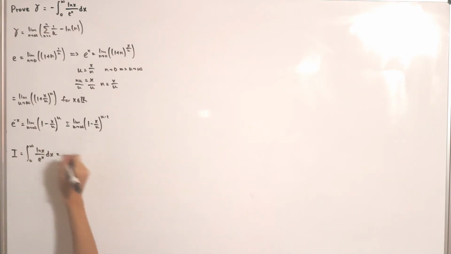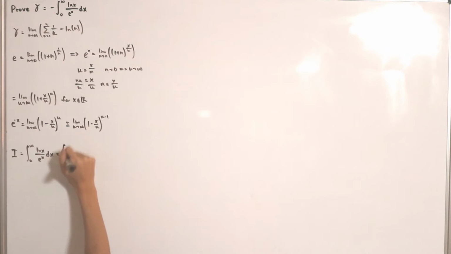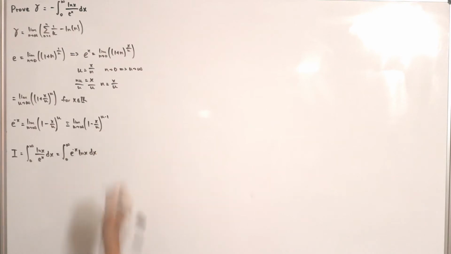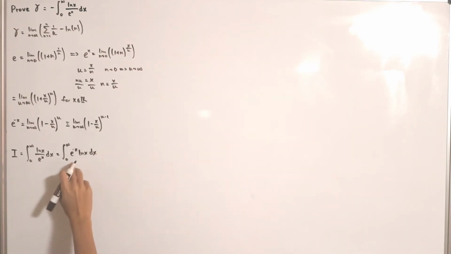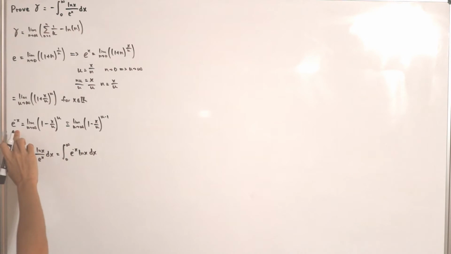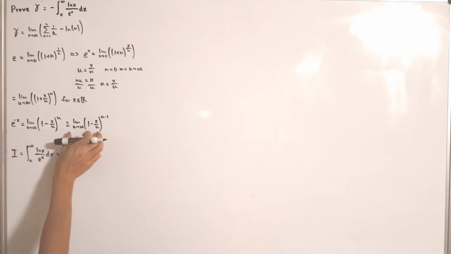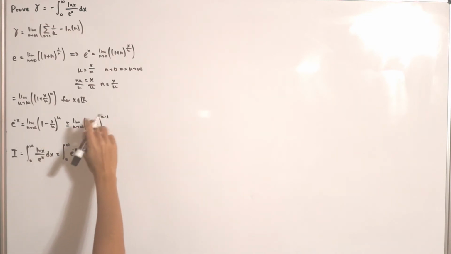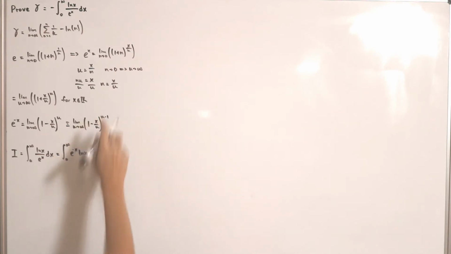So now we're ending up with a negative power, so this is equivalent to e to the negative x times ln of x dx. And it's a good thing we did this, because we can substitute our Euler's constant definition of e to the negative x with the limit as u approaches infinity of (1 - x/u)^(u - 1).